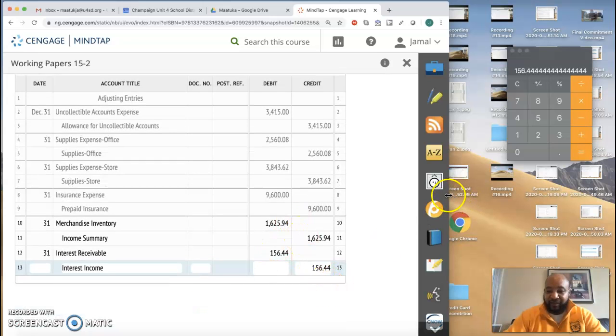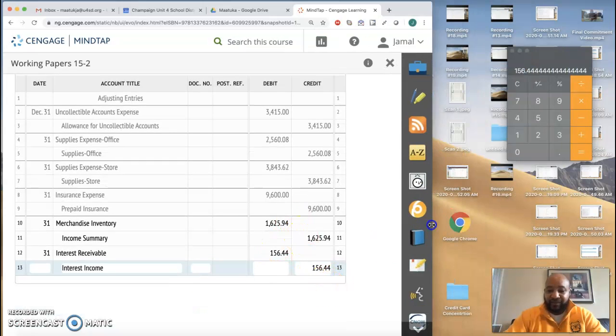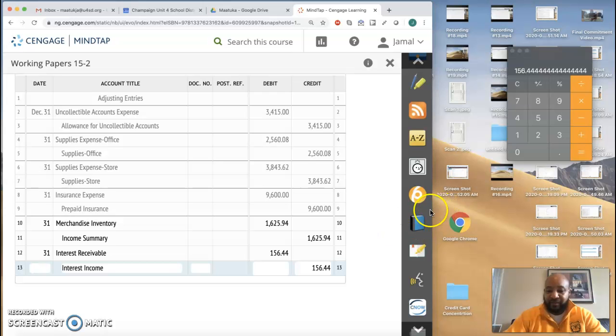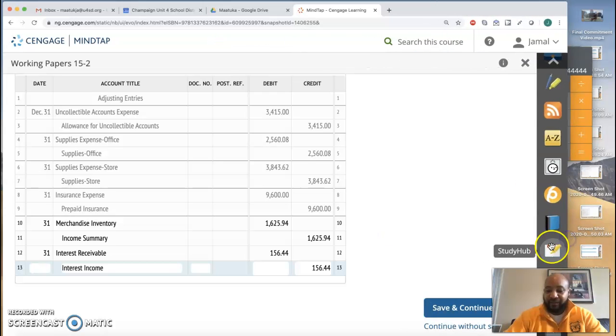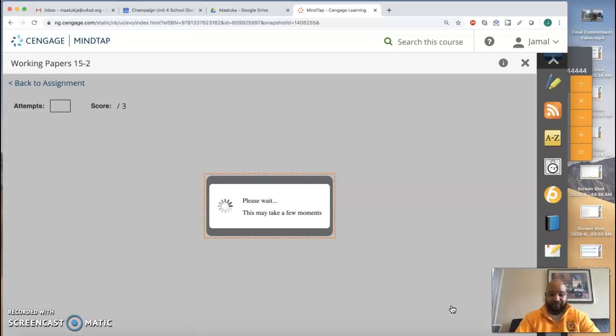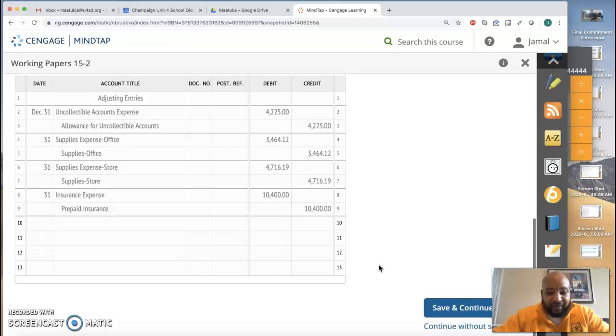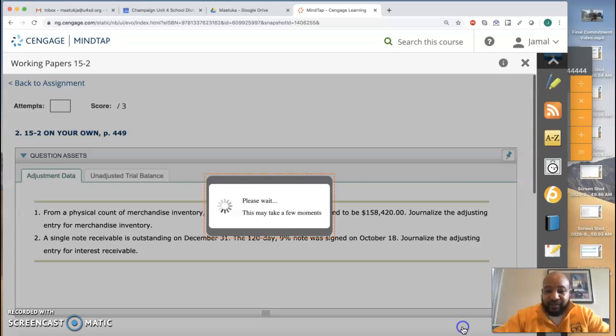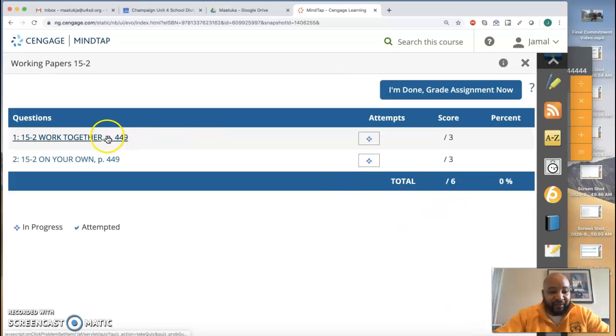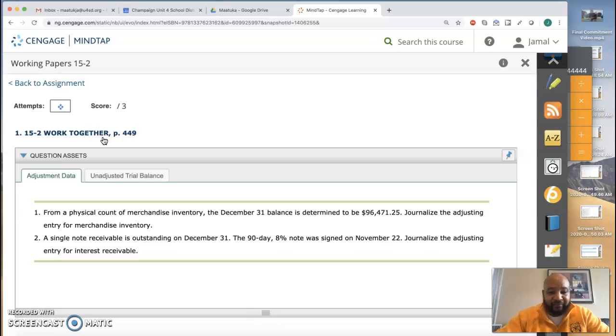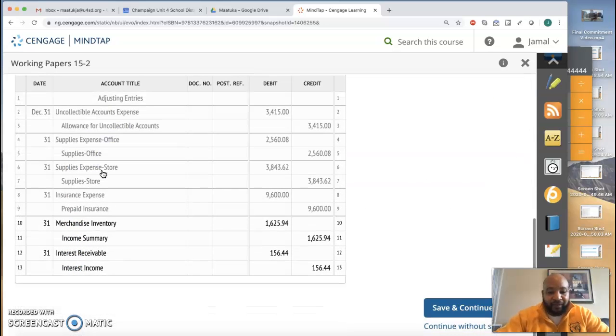Let's see if I can find my finish button. Good. Let's go save and continue. I'm feeling pretty good. Let's see the results. Oh, we can't see the results because we have to look at this one. Let's go back. Looks pretty good. Wait, oh, I got a grade.